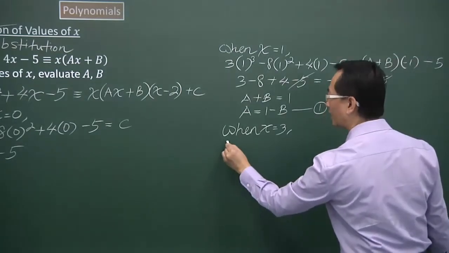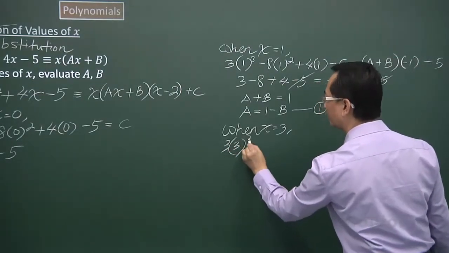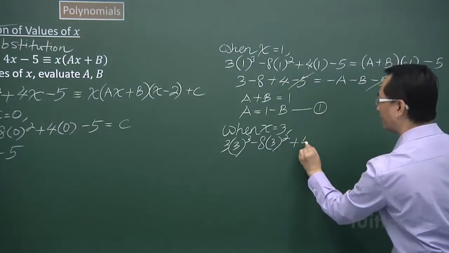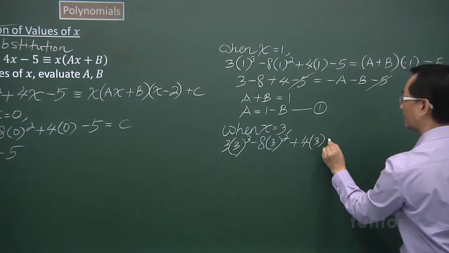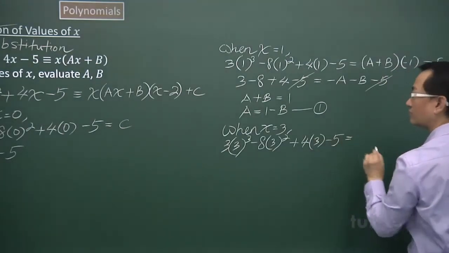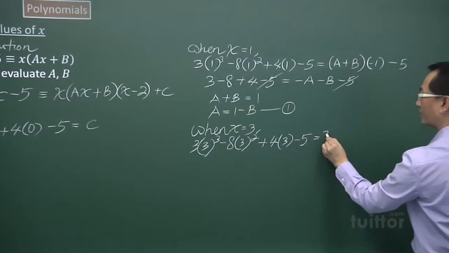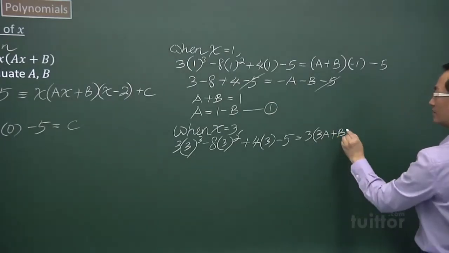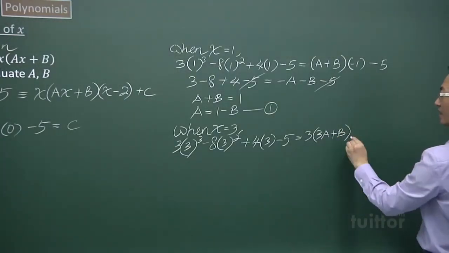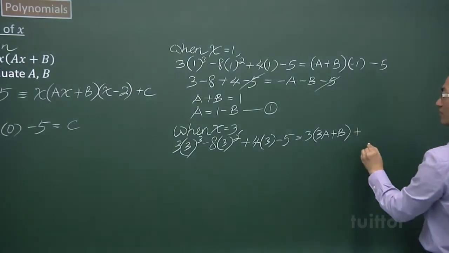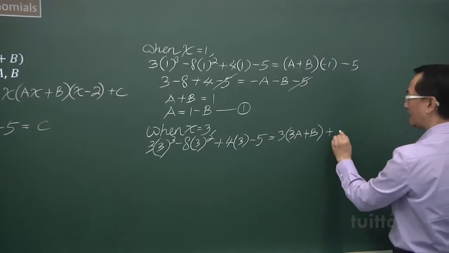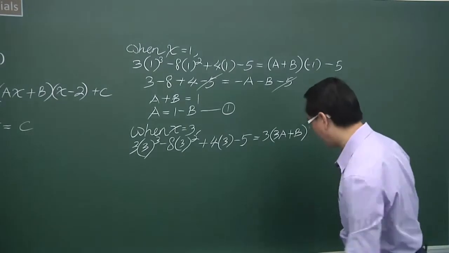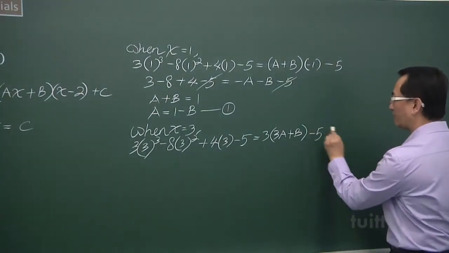So when I do that, I have 3 times 3 cubed minus 8 times 3 squared plus 4 times 3 minus 5 is equals to 3 times 3a plus b, and then a 1 here, because 3 minus 2 is 1, plus, or rather, minus 5, because c, as we found before, is just a negative 5.